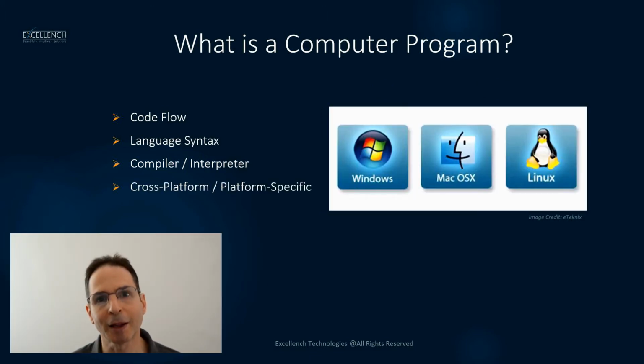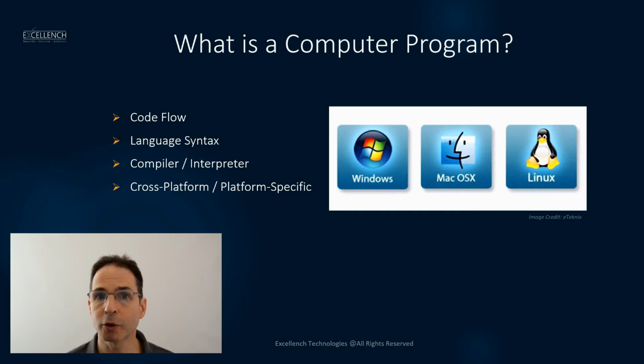We have three main platforms typically: the Windows operating system based platform, the Macintosh OS X by Apple platform, and the Linux platform. And they are not the same. So not every code that is produced to run in one platform will actually run in another platform.